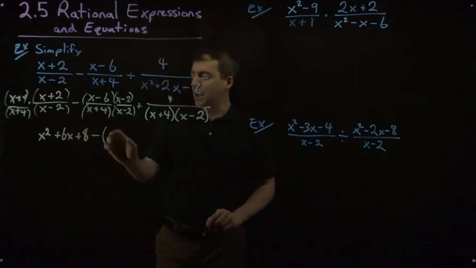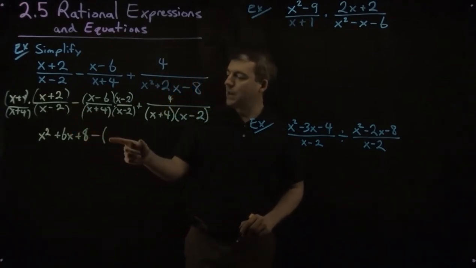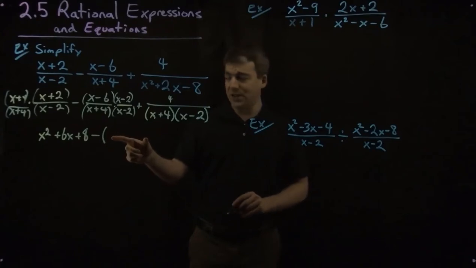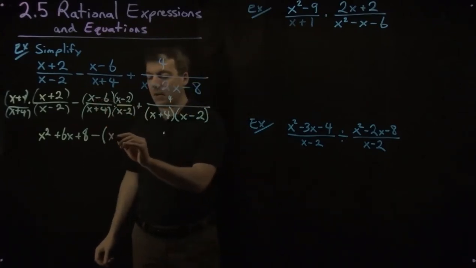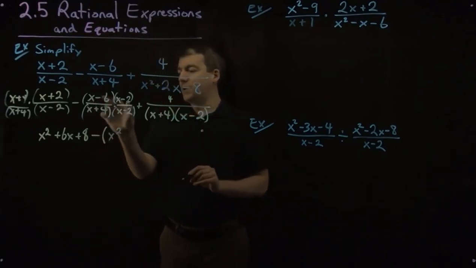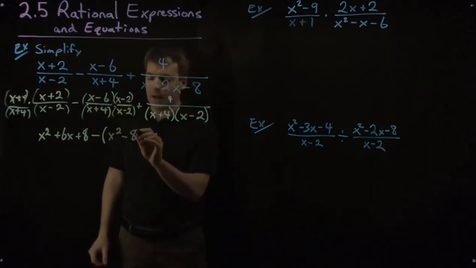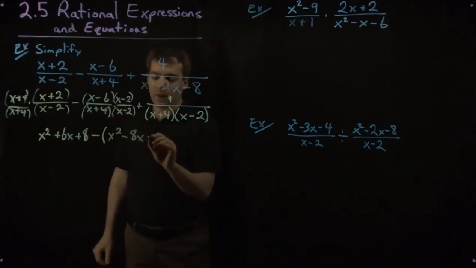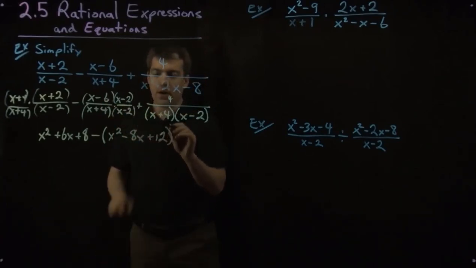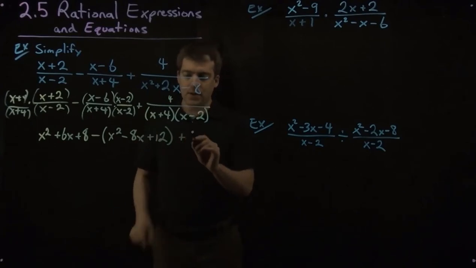And since we have a minus sign, I want to put this in parentheses. So that will remind me to change the sign later. X times x is x squared. Minus 2x, minus 6x, minus 8x. And then we have plus 12. And then plus 4.